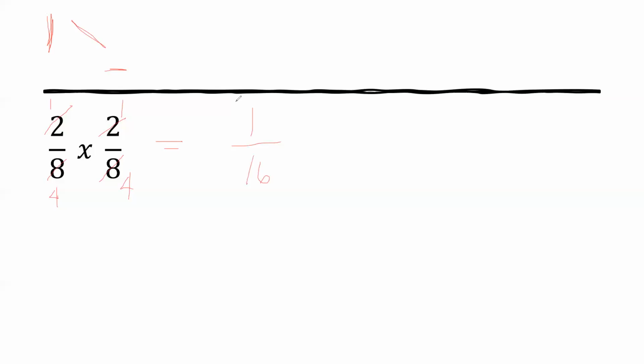Okay? Pero pag ang lumabas ay improper fraction, i-change lang natin siya into mixed form, then that's it. So, in this case, 1/16, since nagawa natin ng tama yung cancellation, the final answer is 1/16.